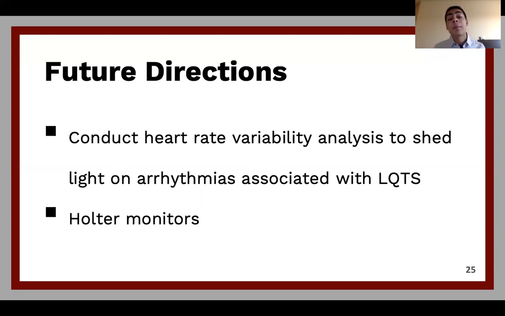And to actually implement this project in humans, I think the best way to do that would be with a system of Holter monitors. A Holter monitor is essentially a portable ECG device that can be attached to a person. If a clinician attaches a Holter monitor to a patient, then they can go about their day while this little device tracks the electrical activity of the heart.